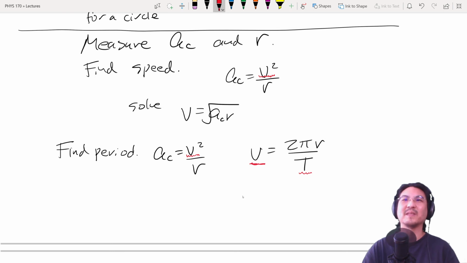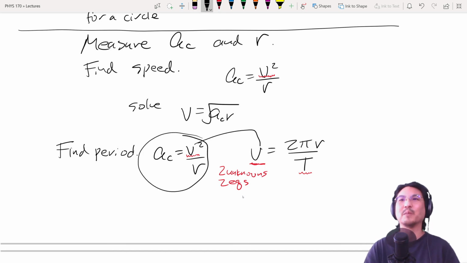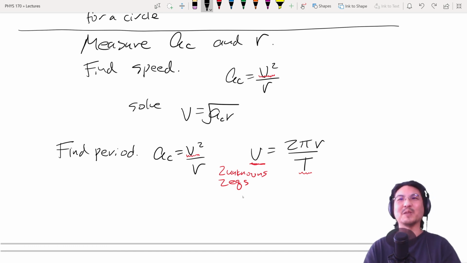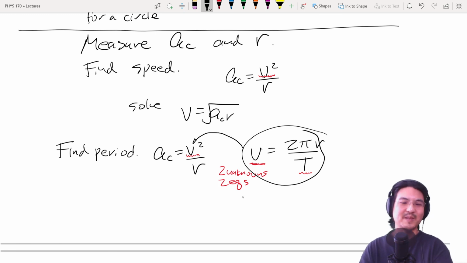So actually, there are two unknowns, but then we have two equations. So then you can solve these whichever way. You could solve this for v, put it here, which is what I would do. But just to show that you don't have to, you could solve this for v and put it there. Let's just try that.